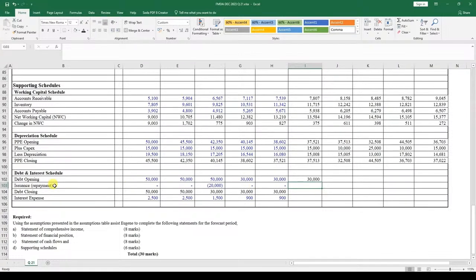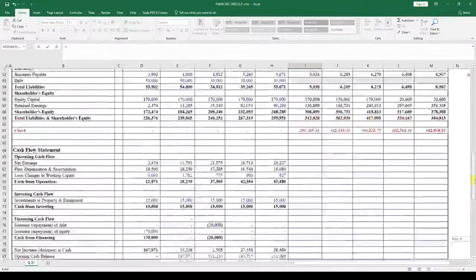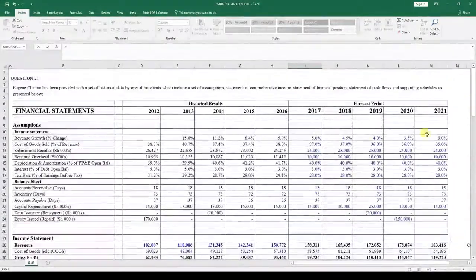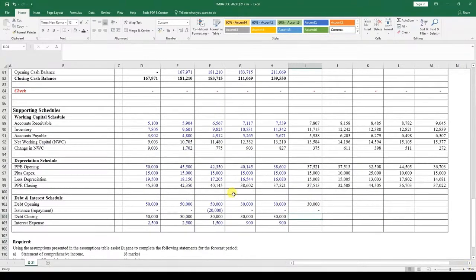And the issuance and repayment of debt can be gotten from the assumptions section, which is up over here. So for debt issuance and repayment right now, we link it with that. So here, because it's a formula, we just drag it. So we drag it over here, it's like that.